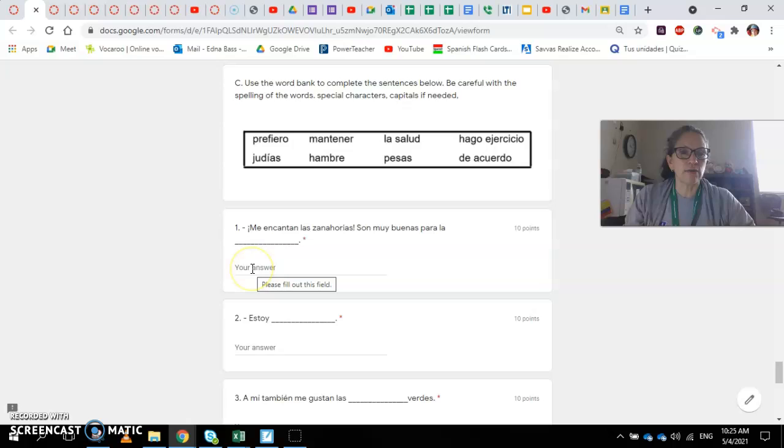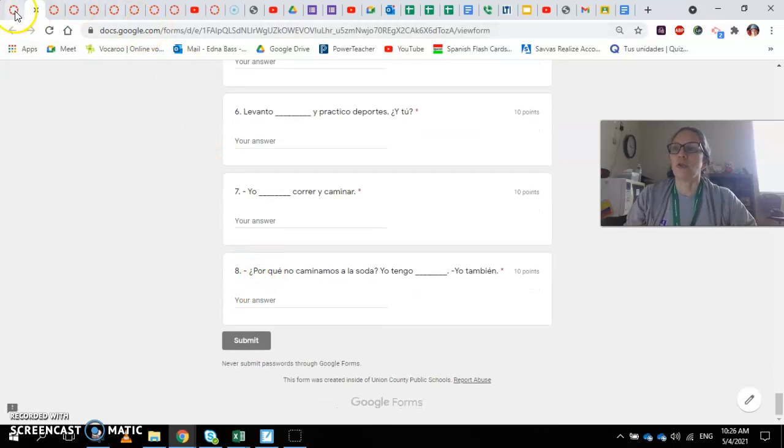Please be very careful. If you need a capital or if you need to add something, don't forget you have special characters like in this one. You need to put it right here. So you type your word right here. I gave different options. So you just need to type the word.